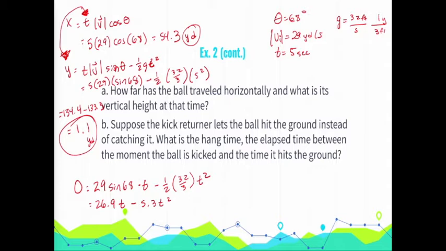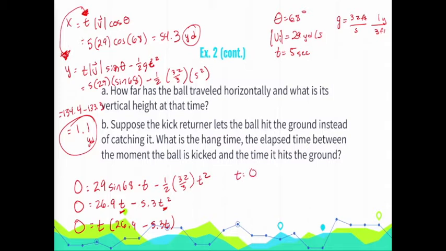And it's not that bad because we can factor this, right? Because we've got a t in both parts, we can factor this, which makes this actually not so bad. So factor out the t, and this is 26.9 minus 5.3t equal to 0.